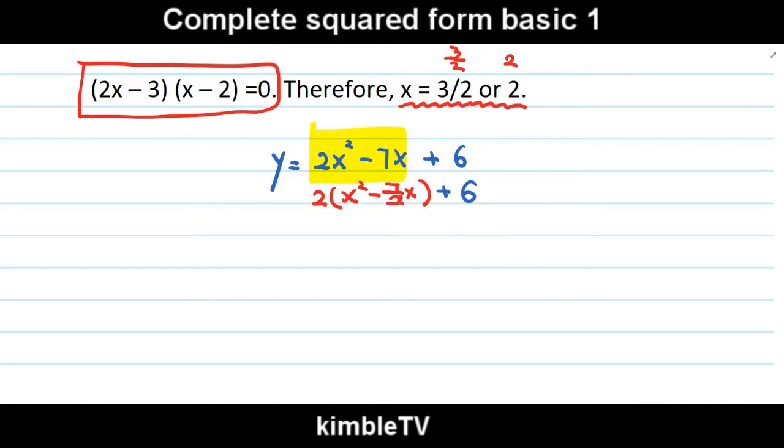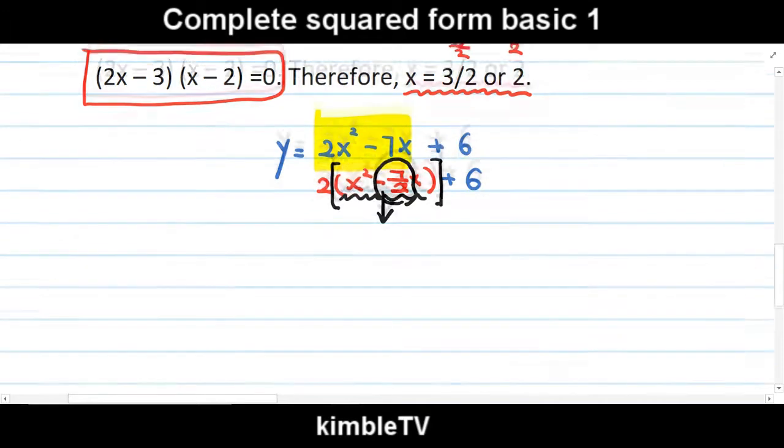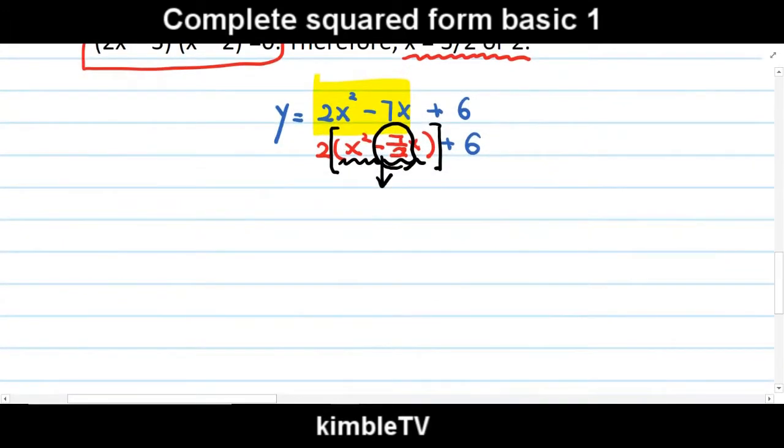And I place a square bracket here. I will make it the complete square form. This part must be divided by 2, always 2, so x minus 7 on 4 close bracket squared, minus 7 on 4 squared, and square bracket, and 2, plus 6.